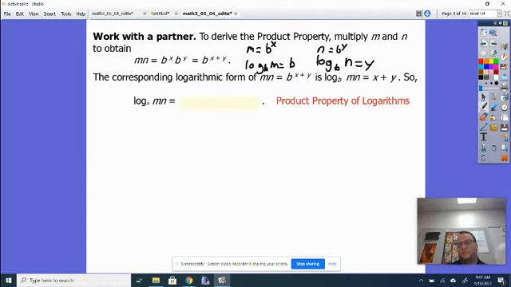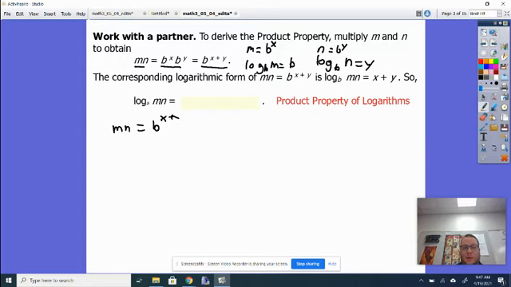So the question is, I have m and n, we just defined them as this, and using the product rule of exponents, I can say that mn is equal to that. So the question comes down to, is there a way to prove this also with what we have? So mn equals b to the x plus y. That's proven up here, I'm just skipping the middle step.